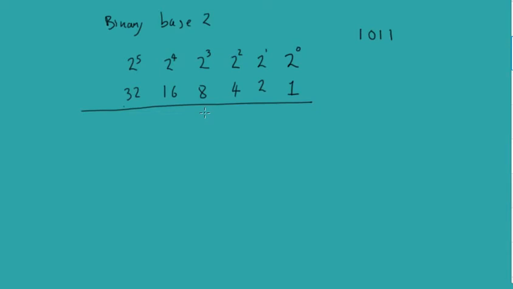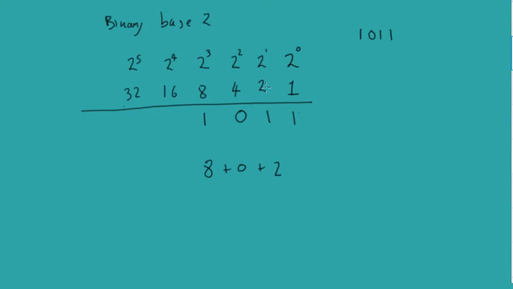So there's a 1, 0, 1, 1. What does this mean? Where we've got a 1, there's 1 here, this is in the 2 to the 3 column, we have an 8. 0 here, so we don't have anything here. So it'd be plus 0. 1 in this column, so we've got a 2.